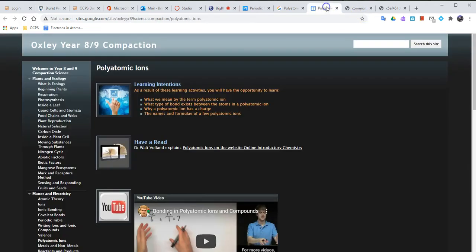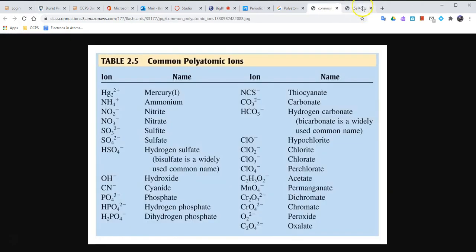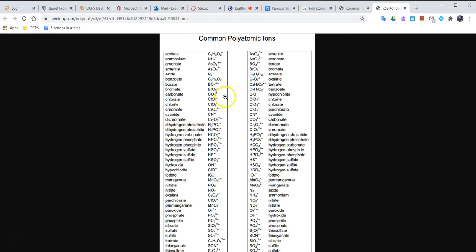Here is a list of some of the common ones. Notice there's a whole lot of them. There's acetate, ammonium, arsenate, and normally during the school year, I would give you a cheat sheet that has all of these here.